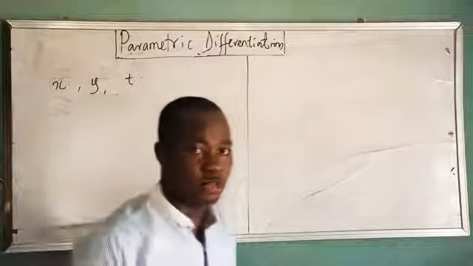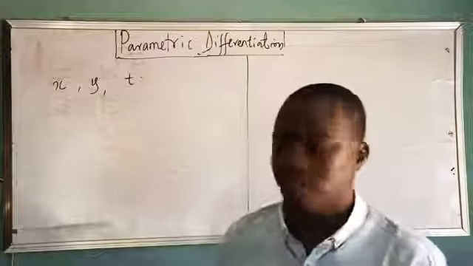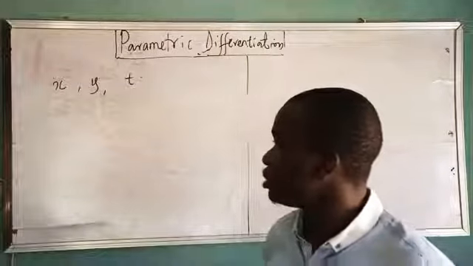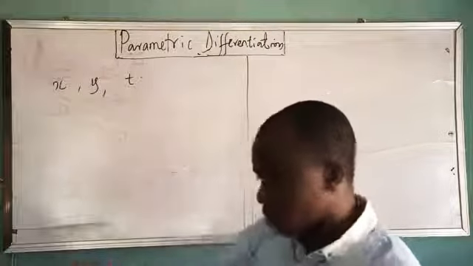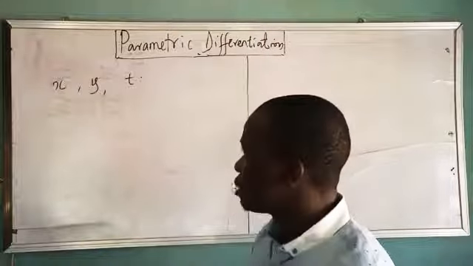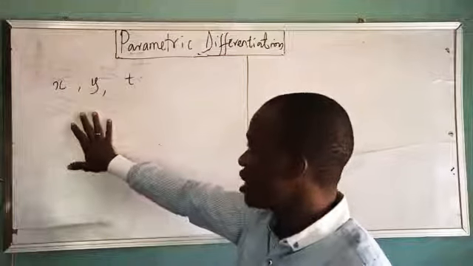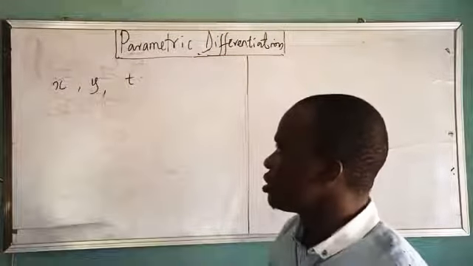Are you getting it? I want you to follow me very well and listen attentively in order to get what I'm trying to explain at the board here. So now, in this parametric differentiation, you are given three variables. So we have variable x, variable y, and variable t.